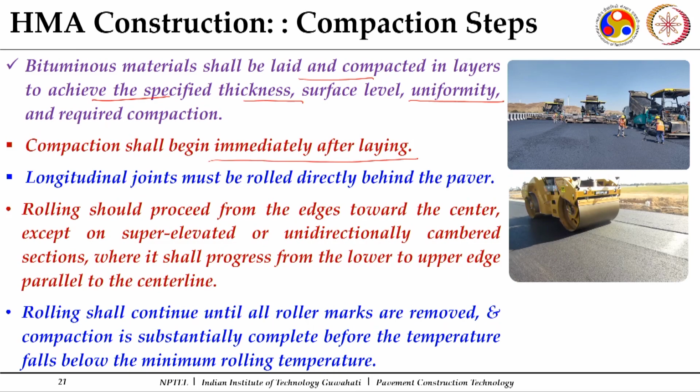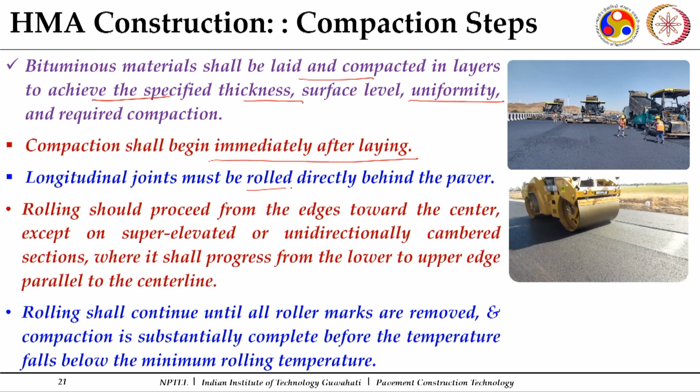Compaction shall begin immediately after the paving, because this is very important. As time is spent, the temperature goes down. So it is always preferable that compaction starts simultaneously along with the laying. And in compaction also there are different ways of doing it: breakdown rolling, intermediate rolling, finishing rolling, which we will discuss in the upcoming slides.